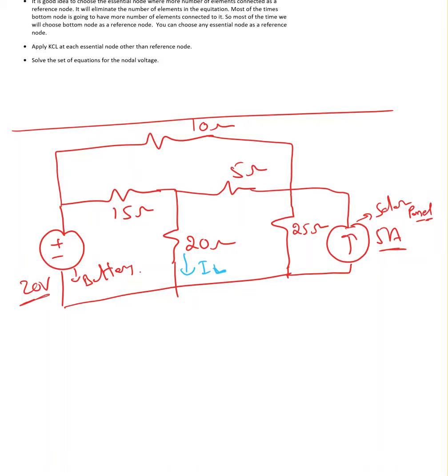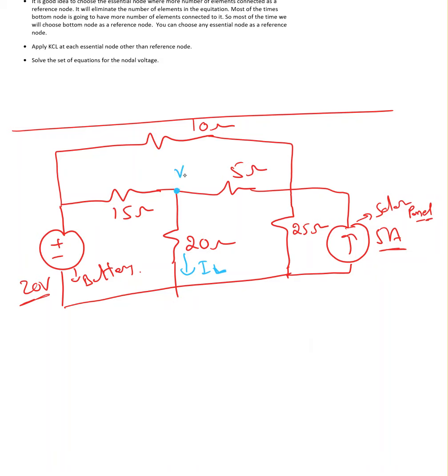That's the given question. By using nodal analysis, what we're going to do here is find all the node voltages first. Once we find the node voltages, it's easy for us to find the current passing through this. Say for example, I have a node voltage here.